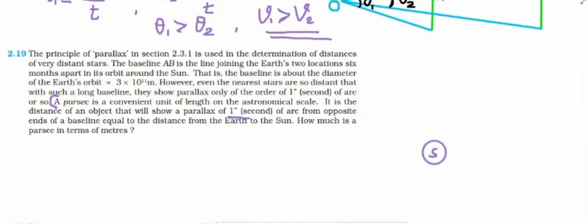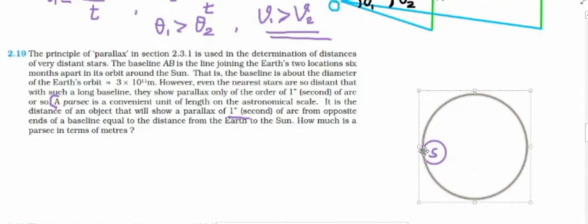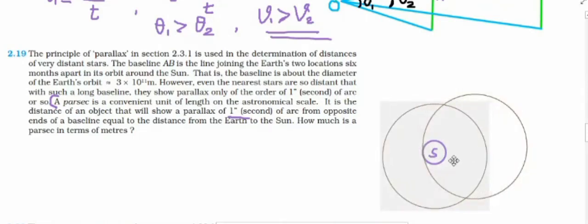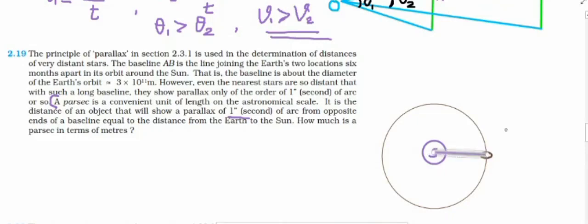Then around the Sun we can have the Earth's orbit. So here we have Earth, then the radius of Earth orbit.